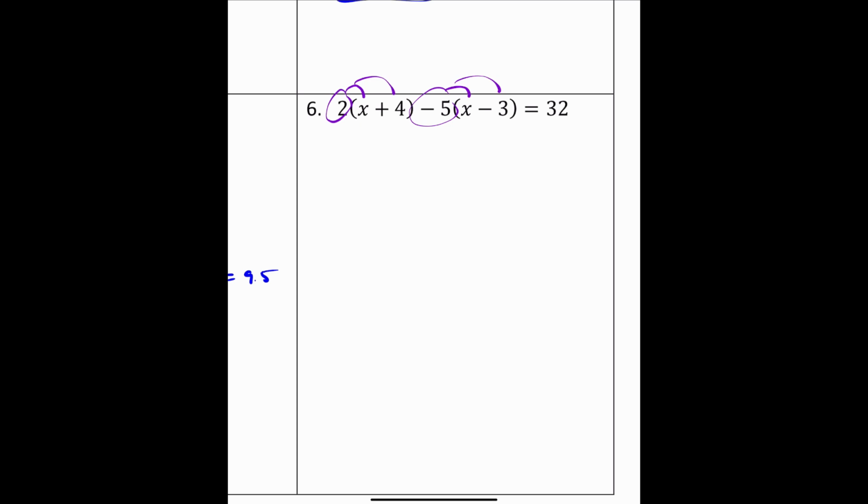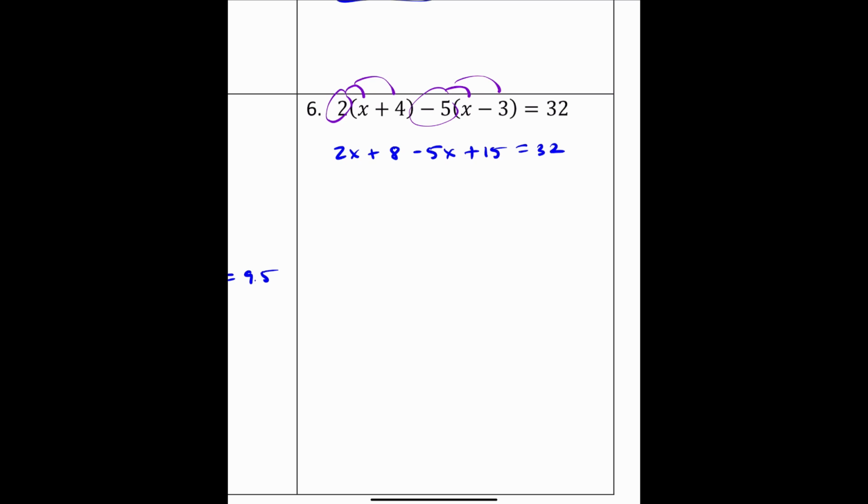So I have 2x plus 8, and then negative 5 times x is negative 5x, and then negative 5 times negative 3 is positive 15 equals 32. Make sure that you're checking your work with the calculator because sometimes we can make that arithmetic mistake. So let's go ahead and avoid that.